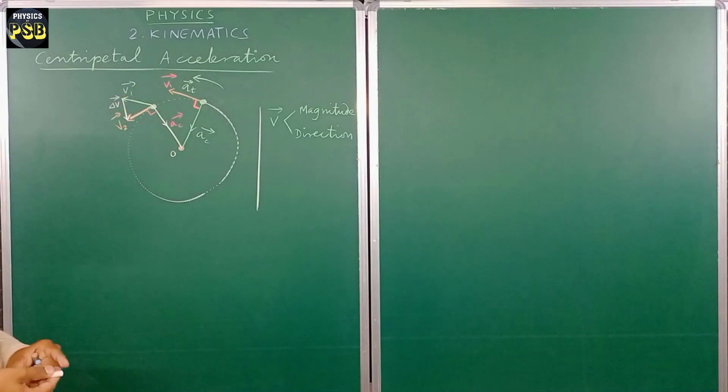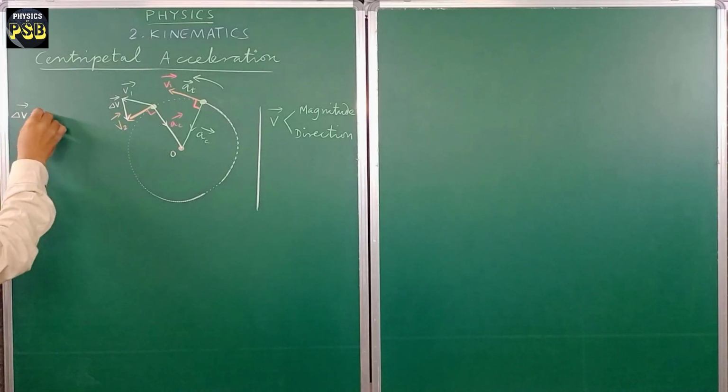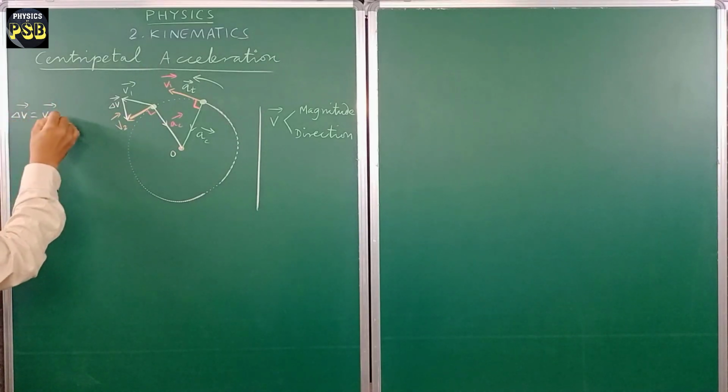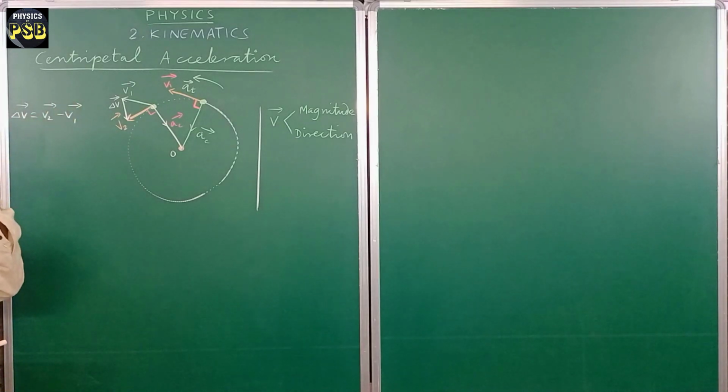Got it? Here delta v is the change in velocity, and it is the difference between v2 vector and v1 vector.